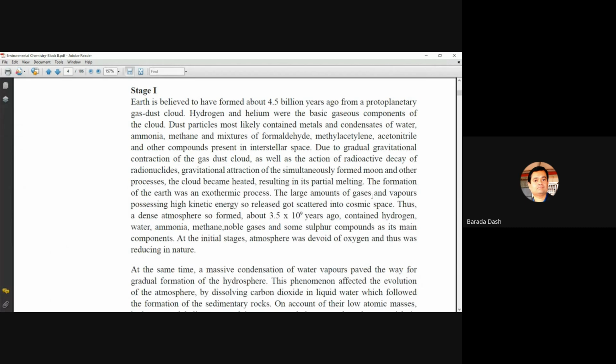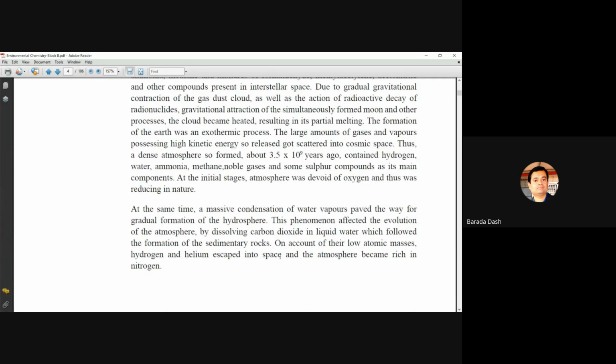The large amount of gases and vapors possessing high kinetic energy got scattered into cosmic space, and thus a dense atmosphere was formed. About 3 to 10 to the power 9 years ago, our Earth contained hydrogen, water, ammonia, methane, noble gases and some sulfur compounds as its main components. At the initial stage, the atmosphere was devoid of oxygen and thus was reducing in nature.